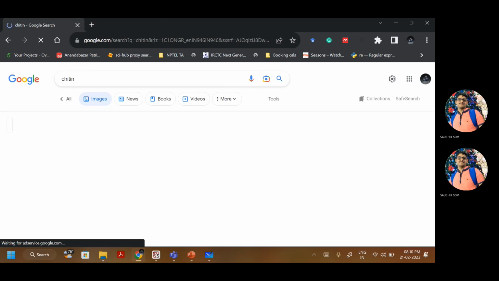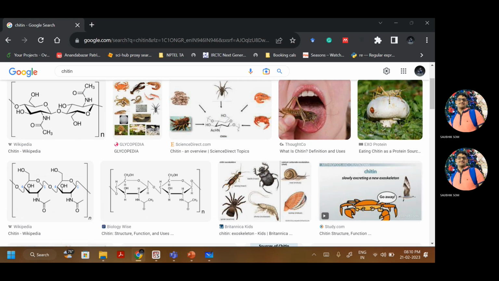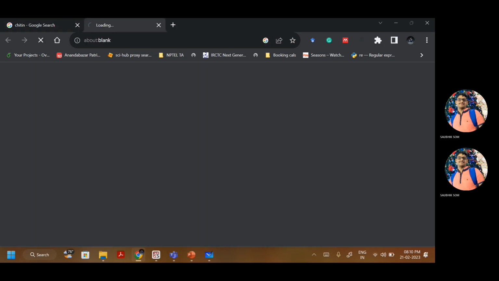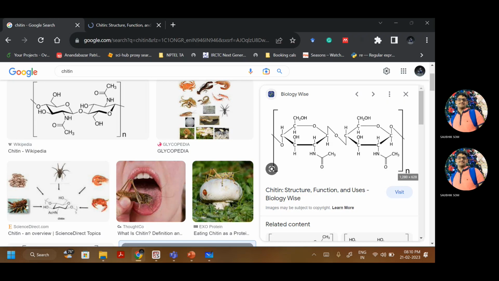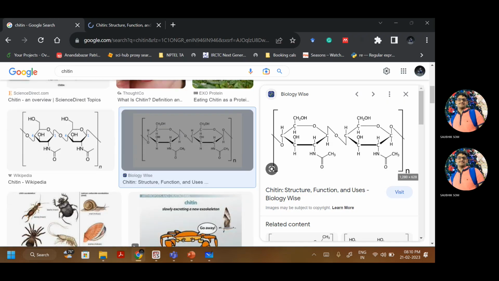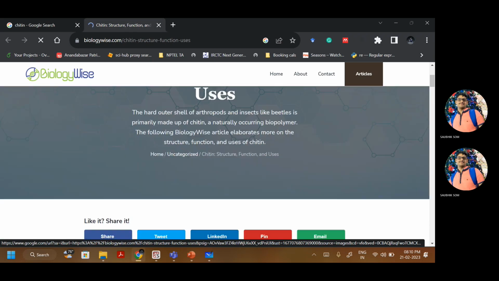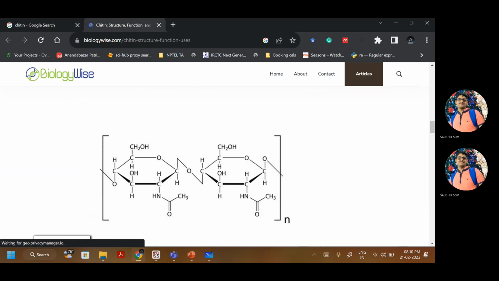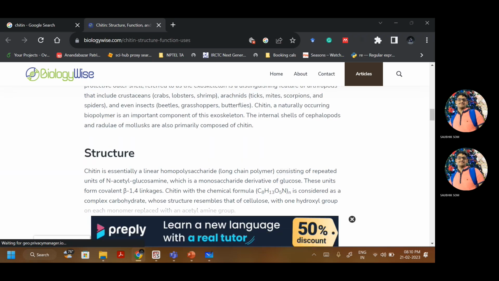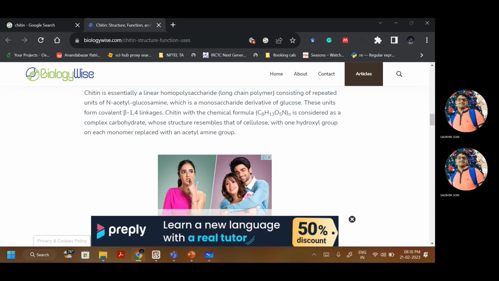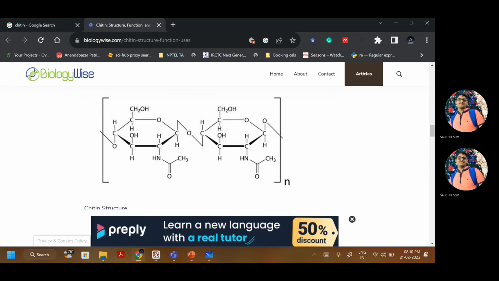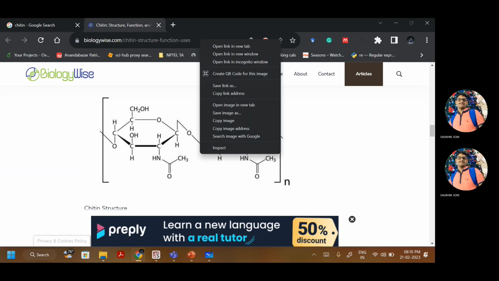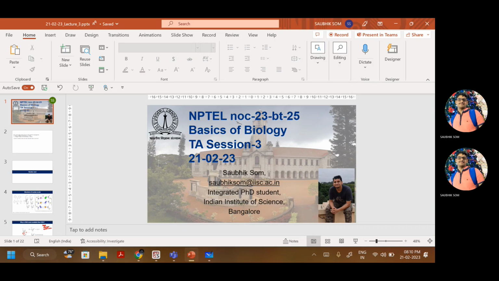Let me get an easier image, this is a very difficult image. I can copy this image.